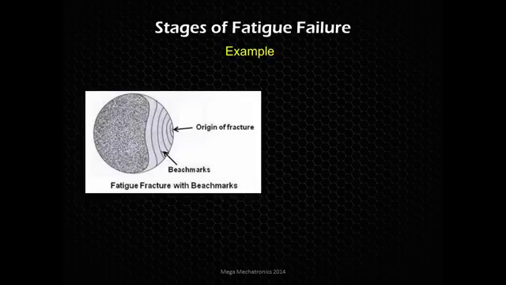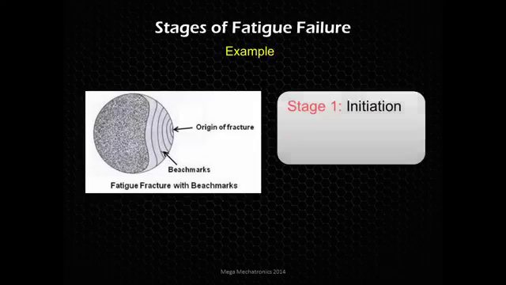In the real world, you don't always get so lucky to find these beach marks or have access to an electron microscope to view the striations, which are similar to beach marks, but appear in different materials and different sizes. So the striations are going to be much smaller. And then you see that sort of gray sandy area, and that's the rupture area.